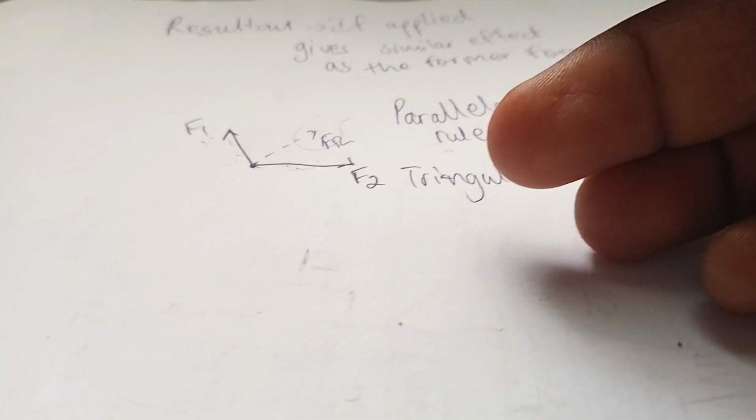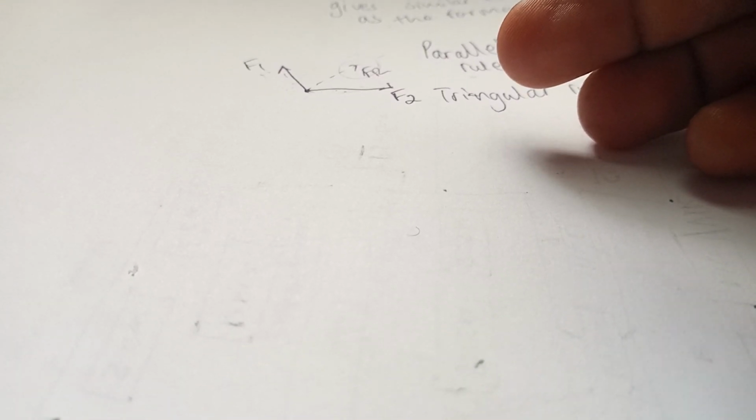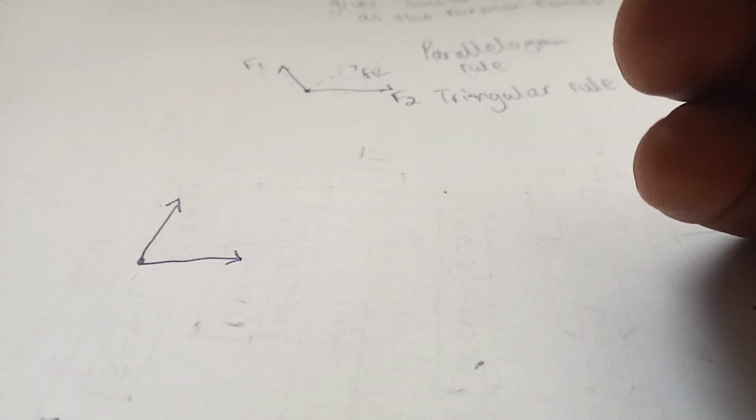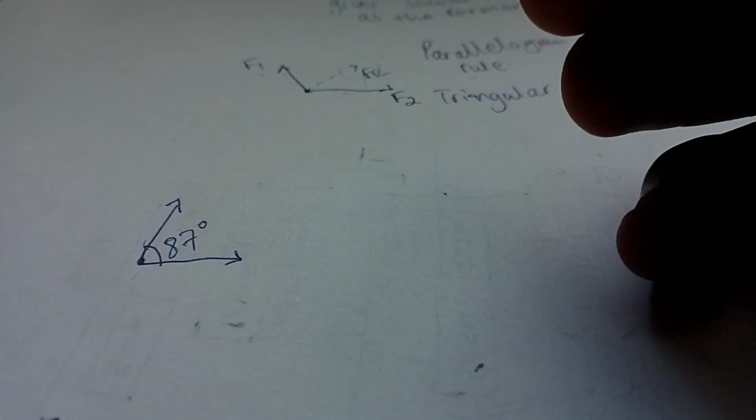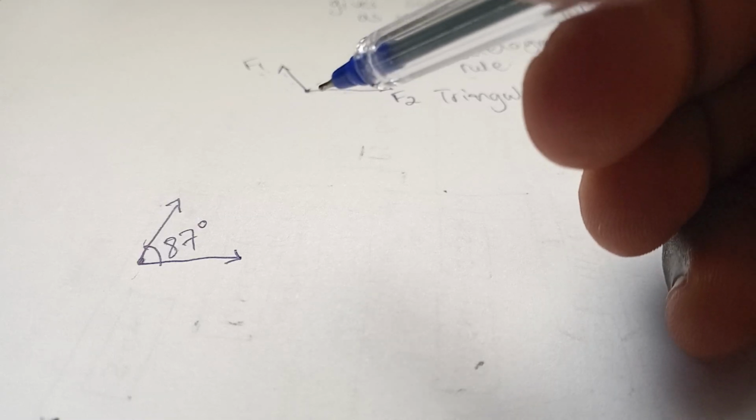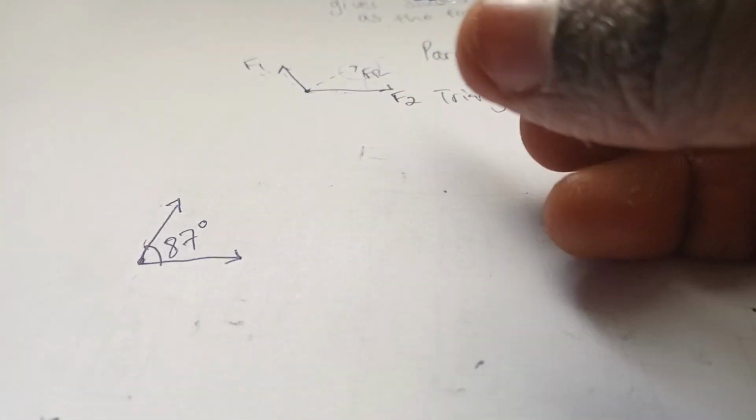Now let's try a simple example. You have this body here, and this is pushed in this direction and this is pushed in this direction. Let's say the angle here is 87 degrees. Yeah, a random angle, because it's almost 90, that's why I put 87.